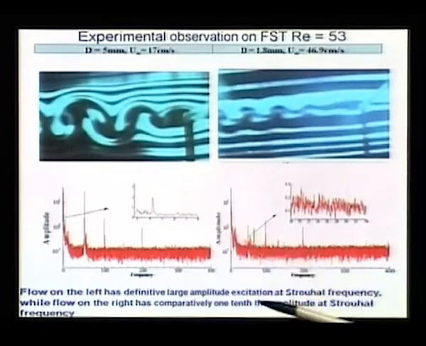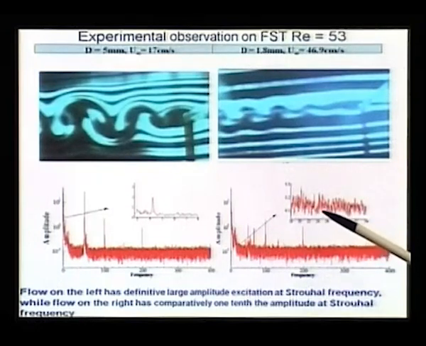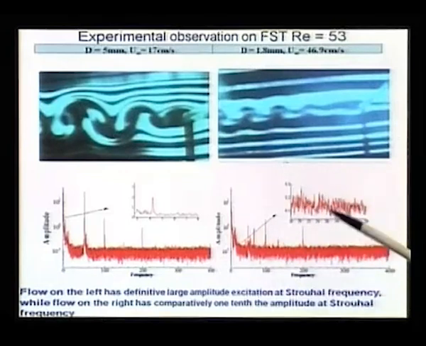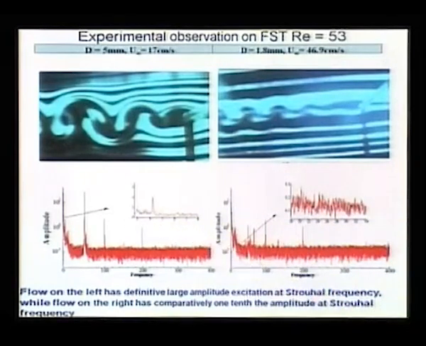Whereas, when we did this experiment at the higher speed of 47 centimeter per second and tried to find out the amplitude at the Strouhal frequency, which has been zoomed here in this inset, you can see that value is about one-tenth of this.